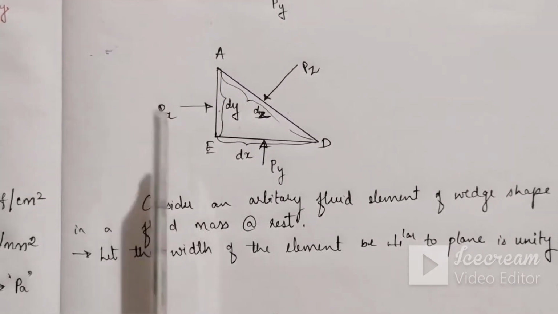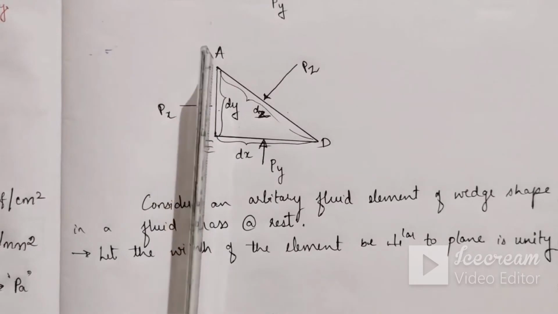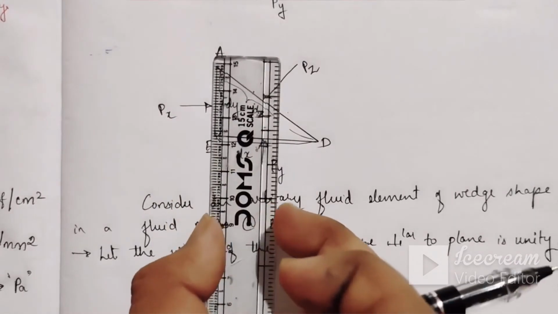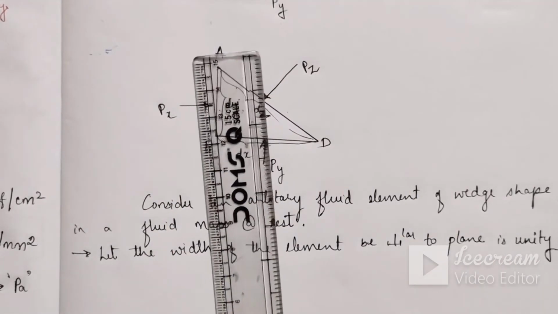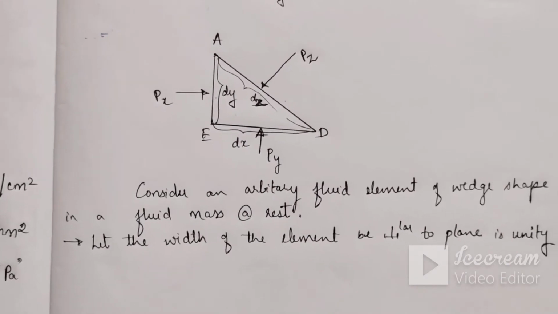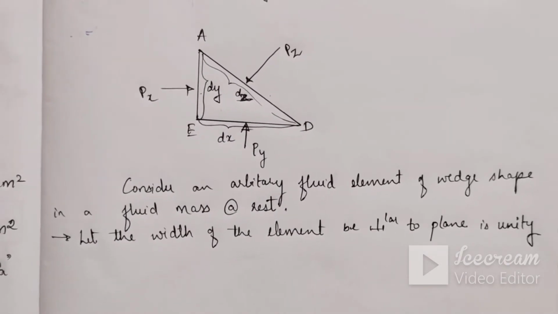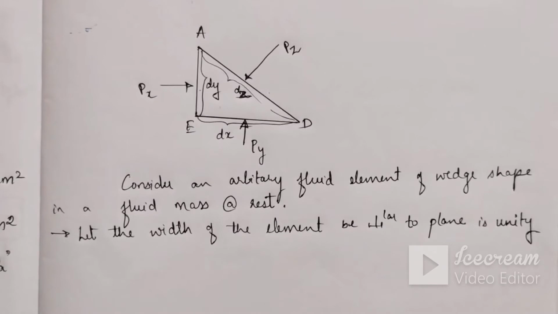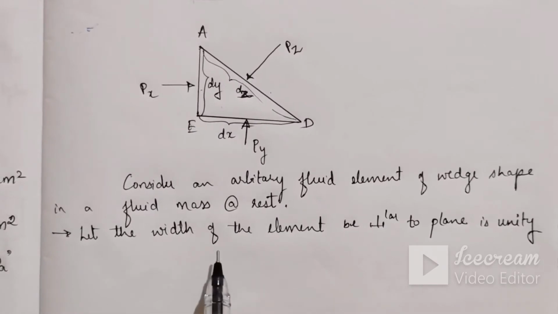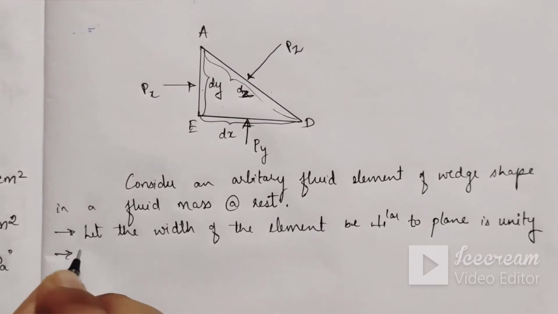So we will take the width of the element as unity in all 3 directions, and it will be uniform, so it will not affect us. So we are mentioning first that let the width of the element perpendicular to the plane be unity.